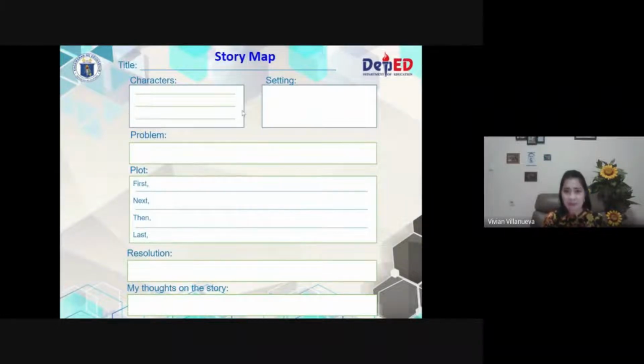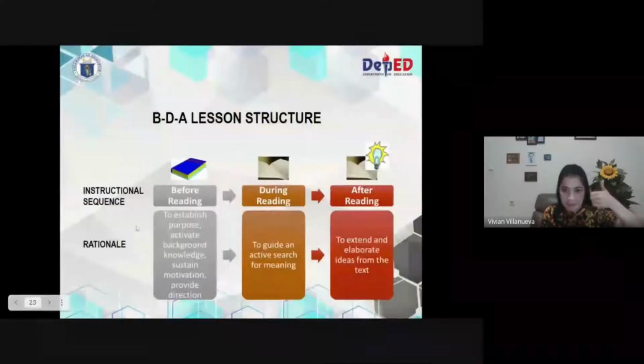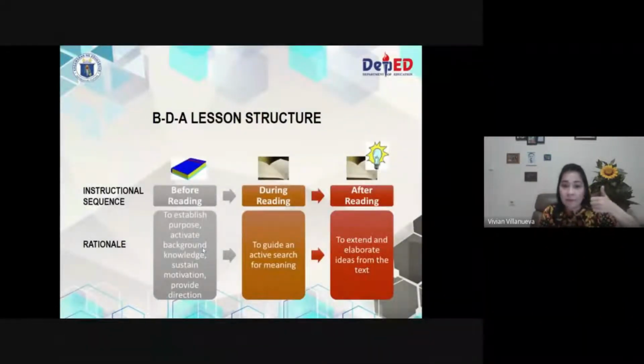We have story map. Give me a thumbs up po if you are familiar with this. Have you used this in your class? Yes, very good. Thank you, Ma'am Tina. Story map has all the elements of the story. That's one. Ito naman, BDA, before, during, and after reading lesson structure.